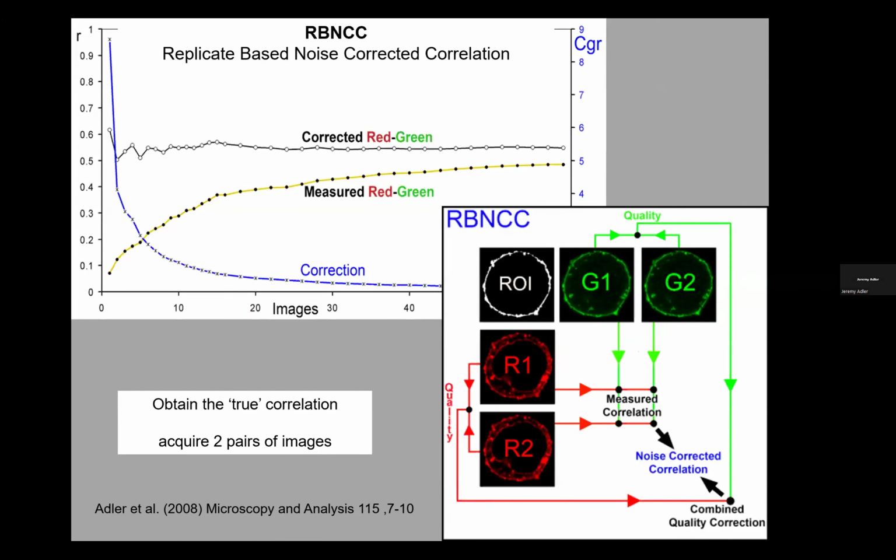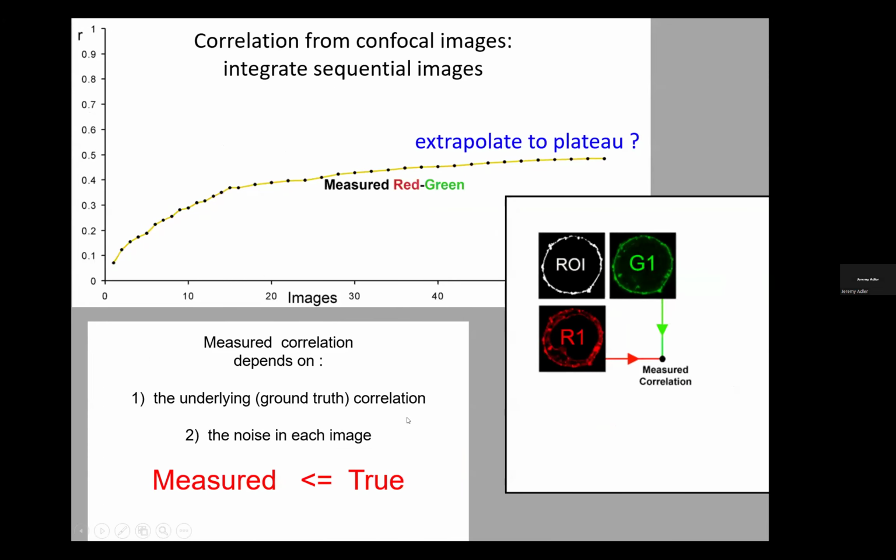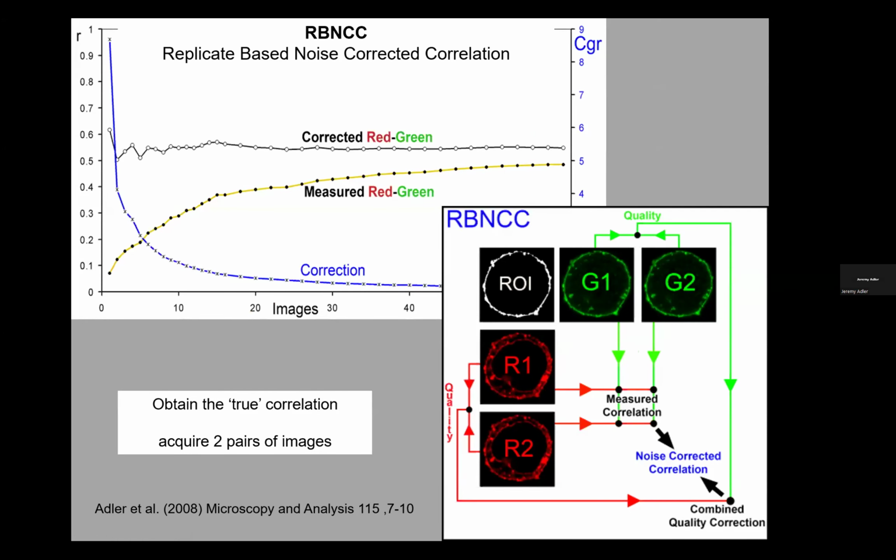So this is a solution that we published quite a few years ago now. The argument here is that we have one red image, one nominal green image, and we measure the correlation. What we need is a way of measuring the noise in each picture. So the idea here is that we take two green pictures, one and then almost instantly a second one.